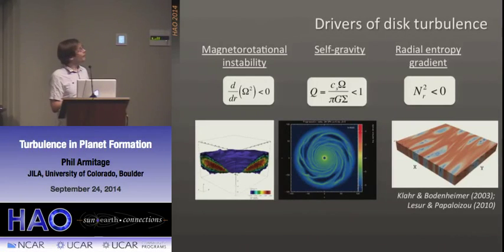million years. And then there's a third possibility, which has received quite a lot of recent attention, which is a radial entropy gradient. Generally, the entropy gradient that we expect to have in the protoplanetary disks will be linearly stable, because the rotation is a strong stabilizing effect on possible, if you like, convective instabilities that would occur in the radial direction.